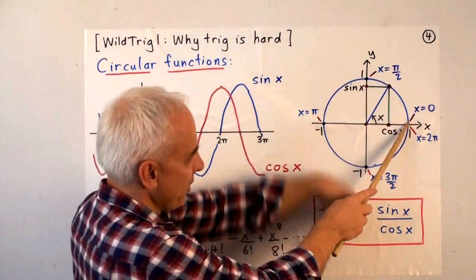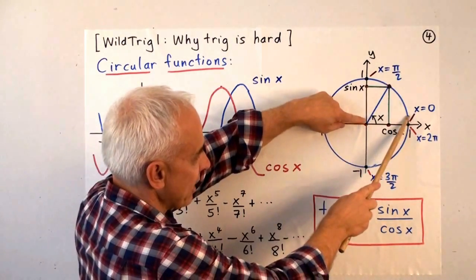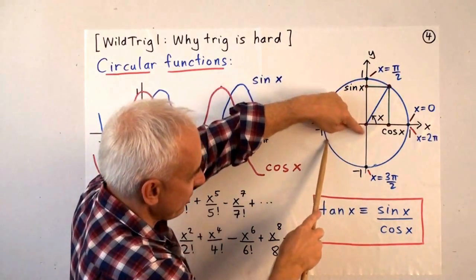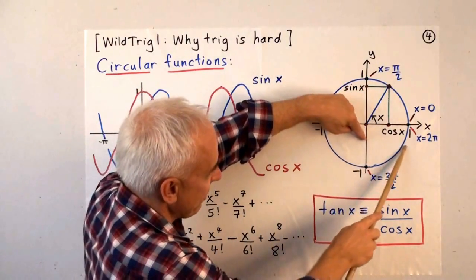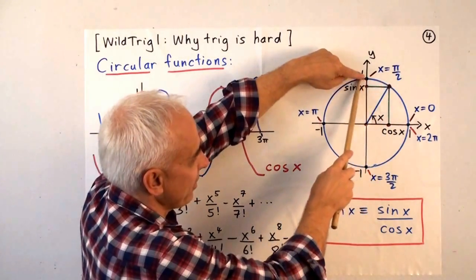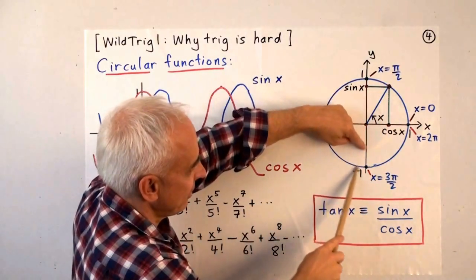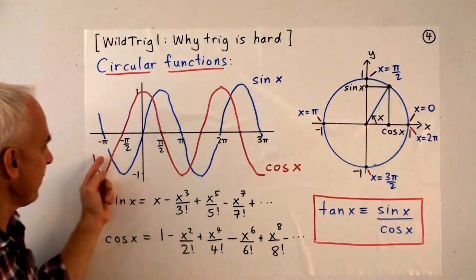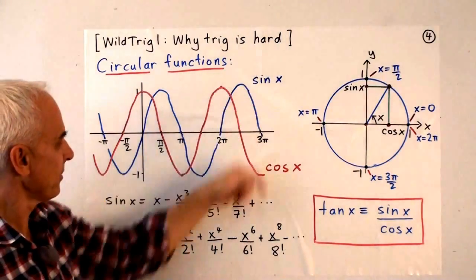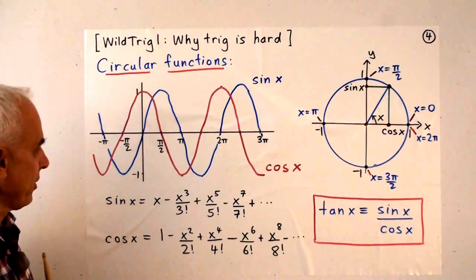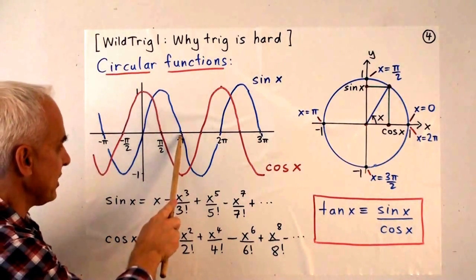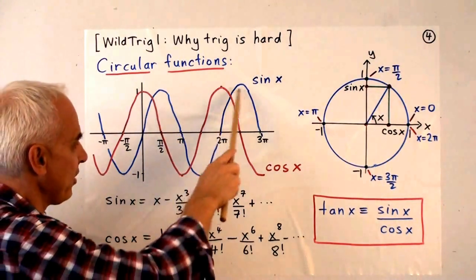Similarly, when we start here, the sine starts at 0, and as we move up, the sine is going up, and then it's coming down, and then it's coming back up again. Okay, and it's periodic. And the sine graph is in blue here, going through 0 at 0, value 1 at pi by 2, value 0 at pi, and it has period 2 pi.